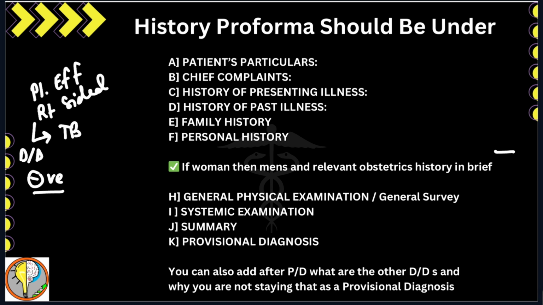Suppose you have ruled out CCF. This is not due to congestive cardiac failure, so you will say that he or she does not have pedal edema or any other sign of heart failure. Or you will see that this patient is not ascitic, so the chance of hepatic hydrothorax is less.